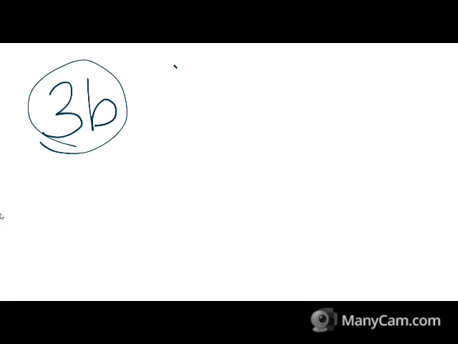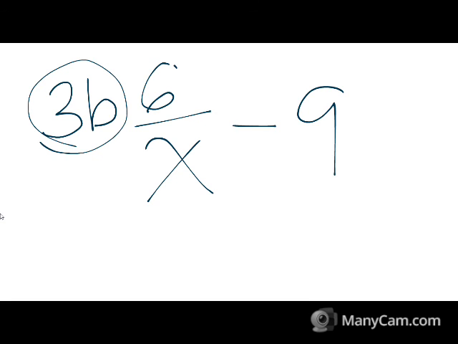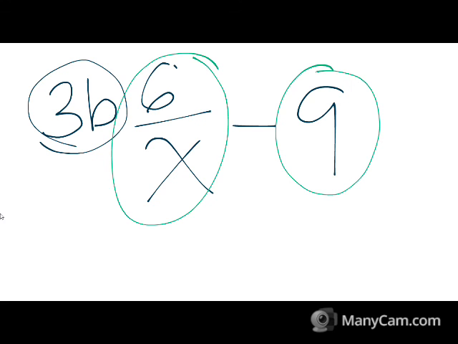The quotient is between 6 and x, and it's going to be 9 less than that, so you're going to have to subtract 9 from it. Make sure these go into your blank. It's going to be 9 less than that quotient. Why don't you try problems 3C and the got it.